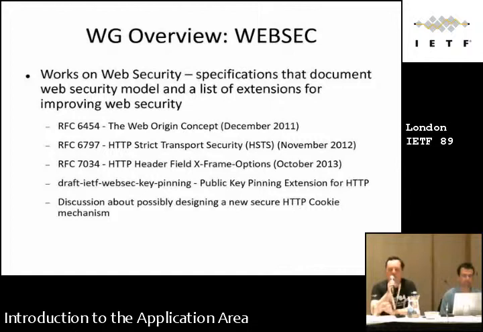A document was also published on strict transport security. HSTS is a way for the website to say, yes, you connected to me over HTTP, but I actually only talk over HTTPS. So please remember this, and come back and only try HTTPS.